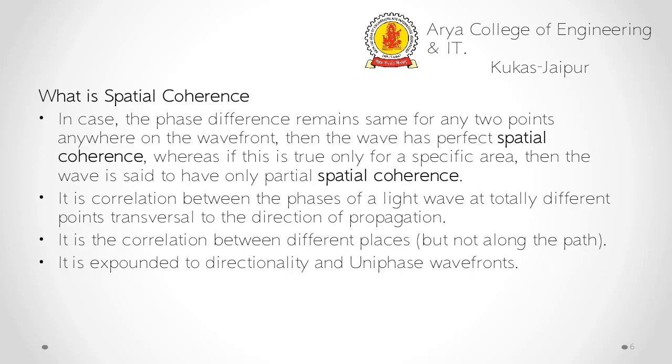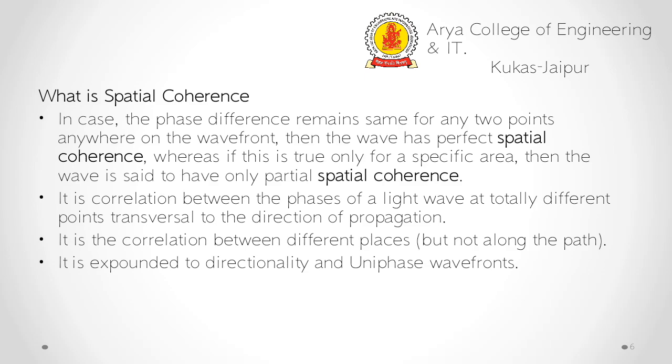What is spatial coherence? In case the phase difference remains the same for any two points anywhere on the wavefront, then the wave has perfect spatial coherence. Whereas if this is true only for a specific area, then the wave is said to have only partial spatial coherence.